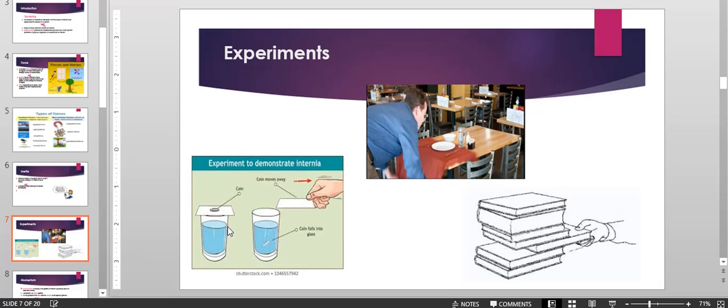Then gently try to remove the paper. Will the coin move as you remove the paper from between the coin and the glass? No, it will not. Why? This is because of the resistance property of coin, known as inertia.